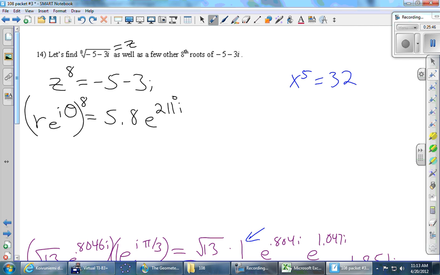What can we do with that 8? We're going to bring it in. We're going to multiply. So what happens with this r? It becomes r to the 8th, e to the, and then what do you do with powers like i theta and multiply them? You multiply the 8 times the i theta.